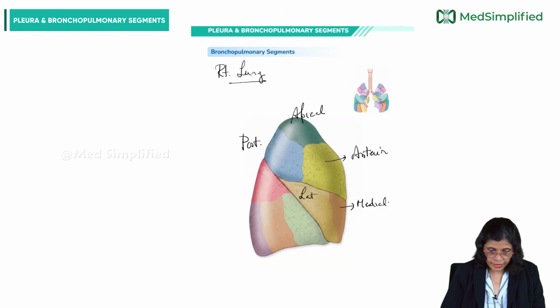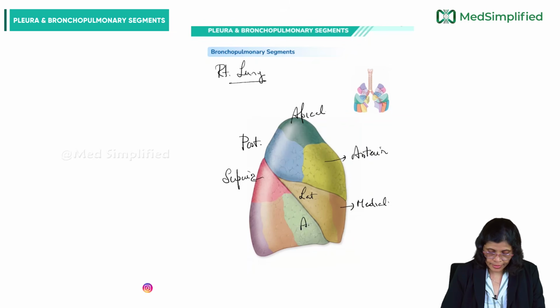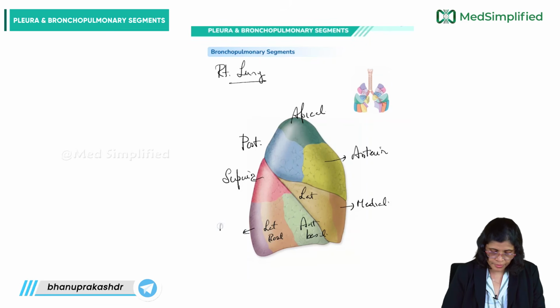The inferior lobe will have the superior or apical segment, then the anterior basal, the lateral basal and the posterior basal.